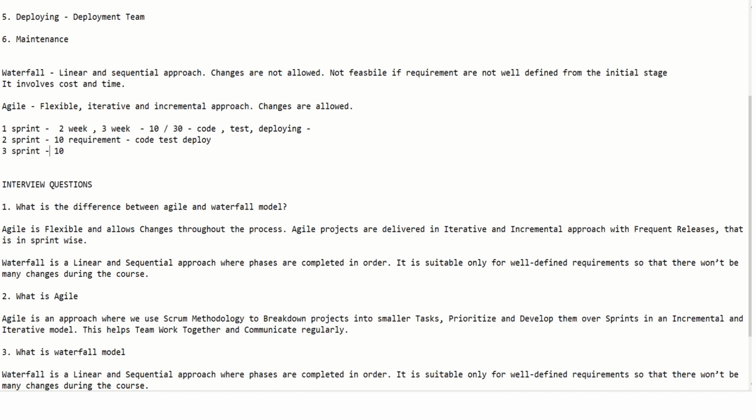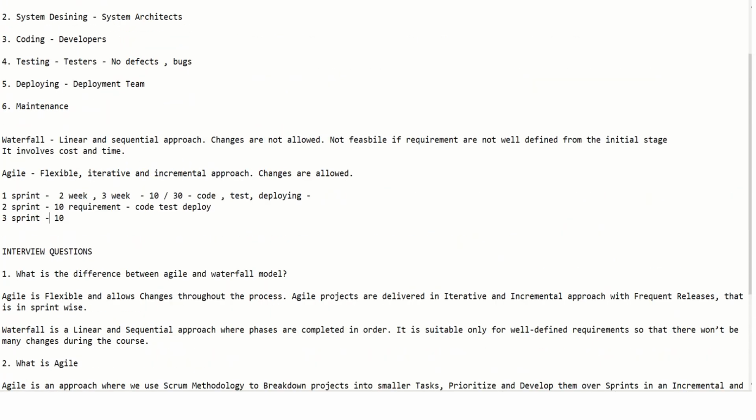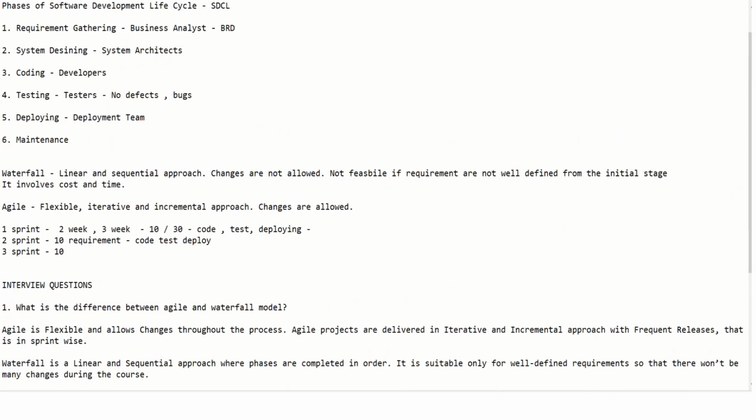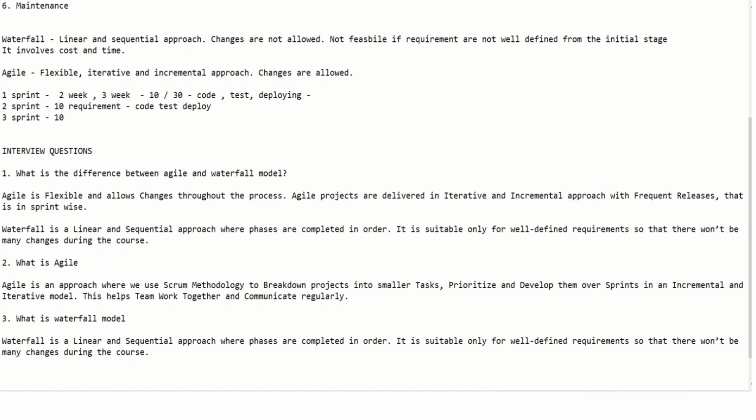That is in sprint wise. Okay. Now waterfall is linear and sequential approach. Linear and sequential means one by one. That is in order. Waterfall is in linear and sequential approach where phases are completed in order. It is suitable only for well-defined requirements so that there won't be many changes during the course. So this is how you can answer.